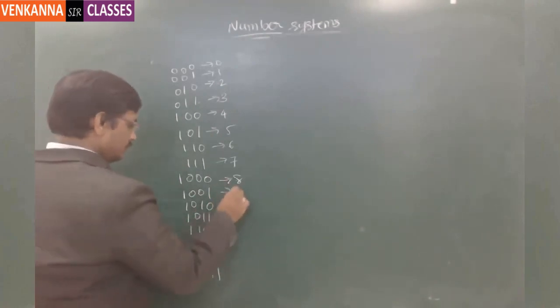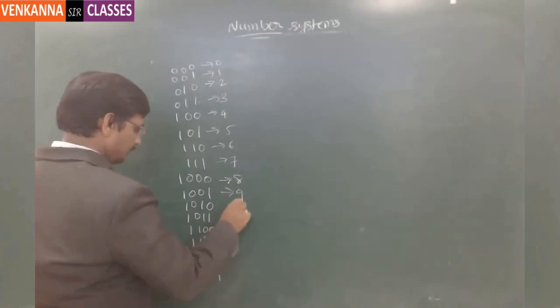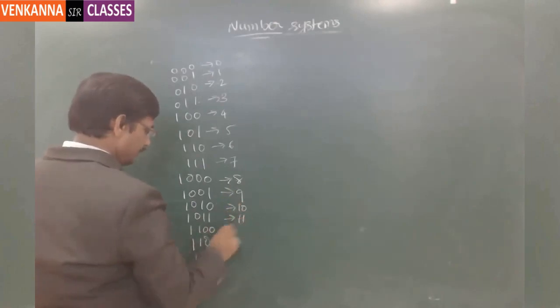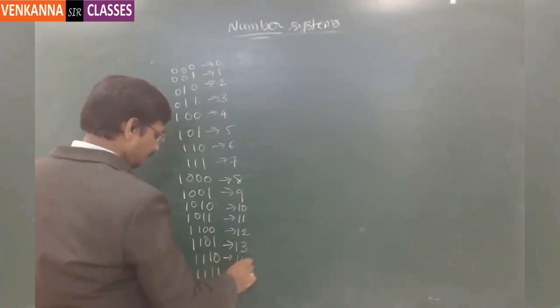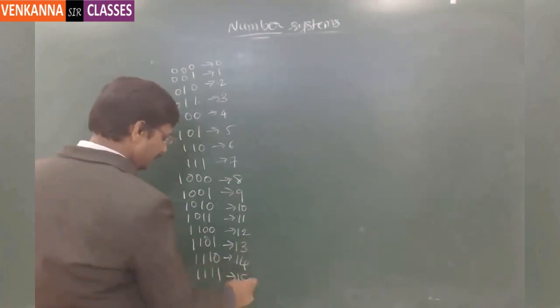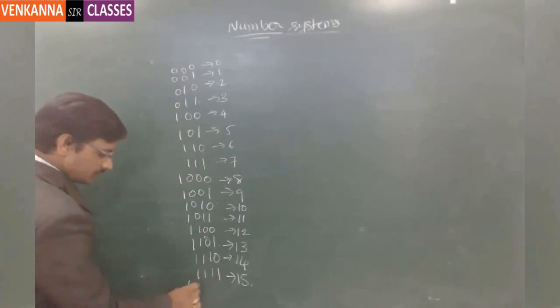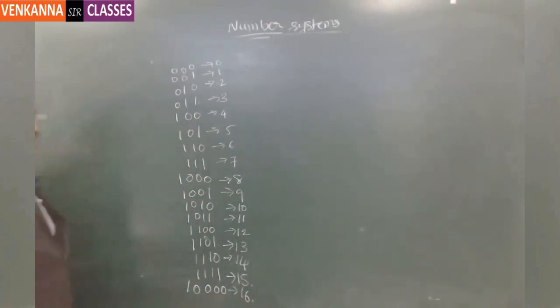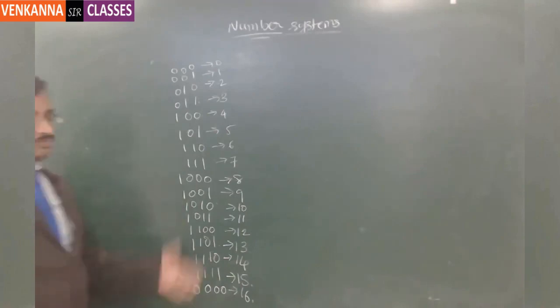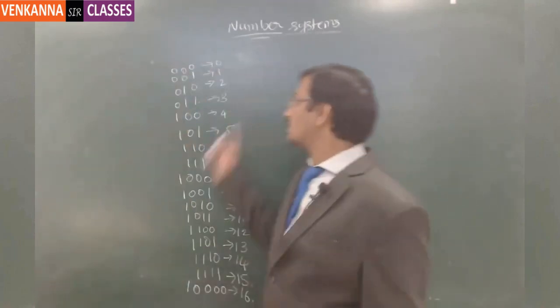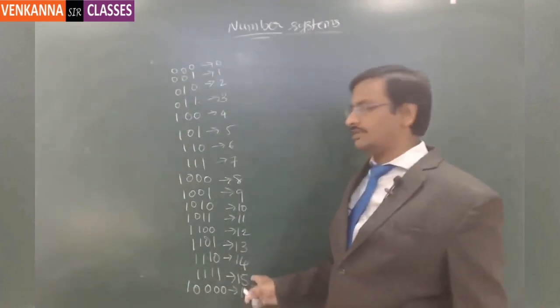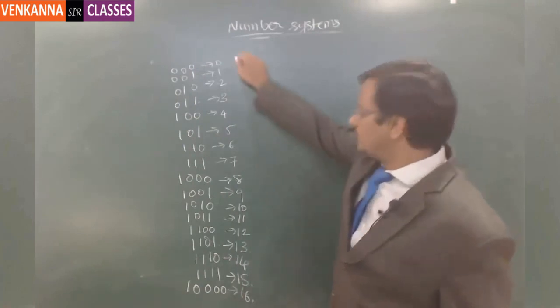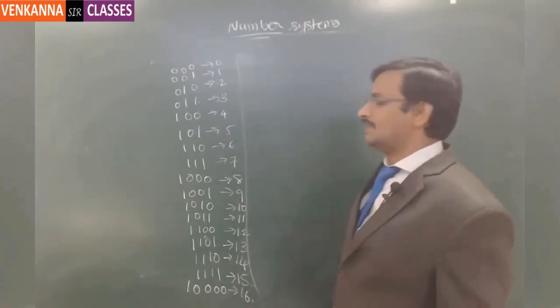So this is 9 and this is 10 and this is 11 and this is 12 and this is 13 and this is 14 and this is 15. After this, if you want to put it, this is going to be 10000, so this is 16. As we are using only till 15, for the hexadecimal number system starting with 0 you will be using 16 symbols. So it is good if you remember all these numbers.